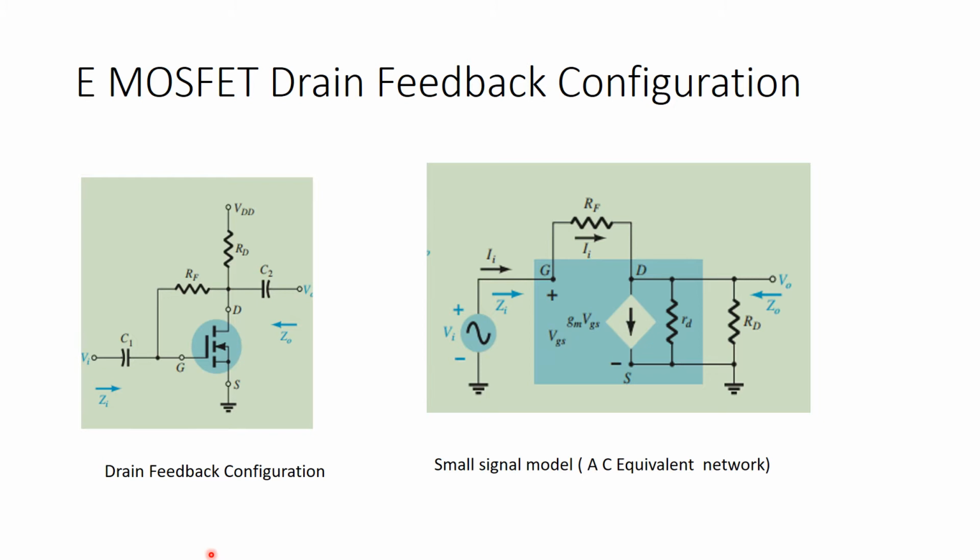So C1 blocks the input signal Vi from VDD. Similarly, the output AC signal will not be affected by the DC voltage VDD. Our first objective is to find the input impedance and output impedance, and at the same time the voltage gain and current gain for this configuration.